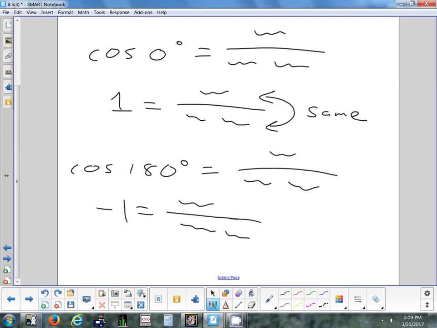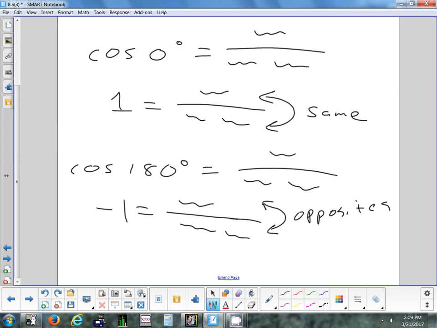Either the numerator or denominator is a negative. So just any negative number in the top and any positive number in the bottom? Same negative number. Yeah, they're opposites. The top and the bottom have to be opposites. That's the only way you can ever divide two things and get -1. Like 10 and -10.